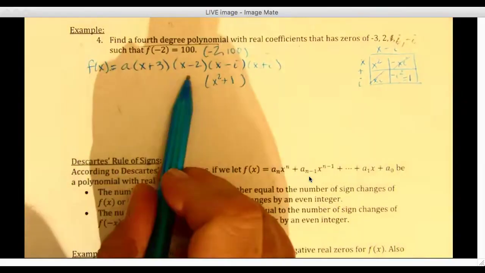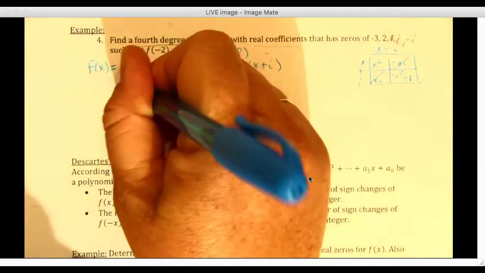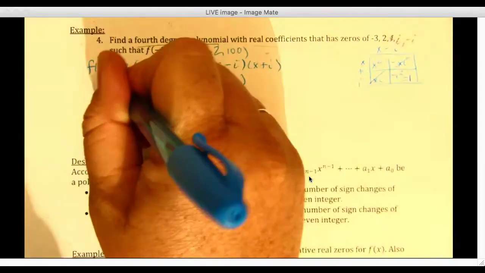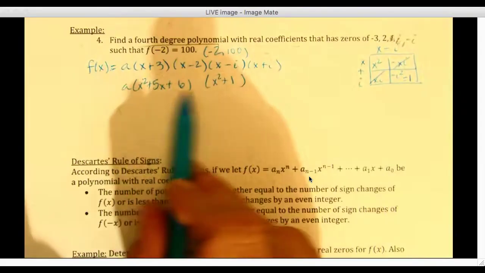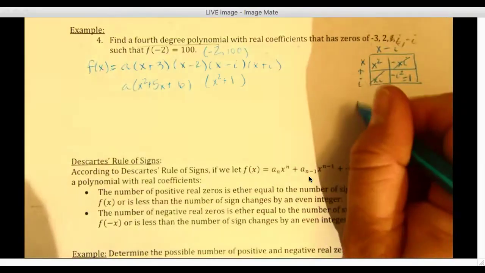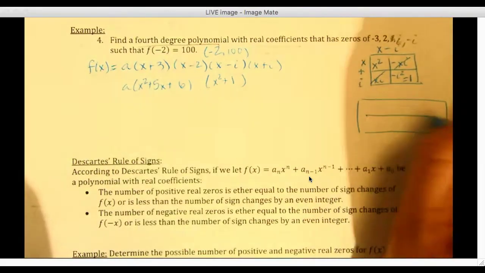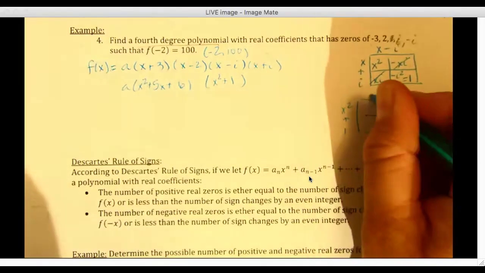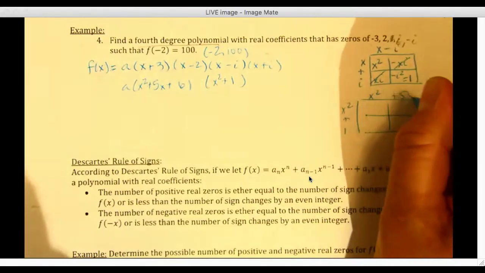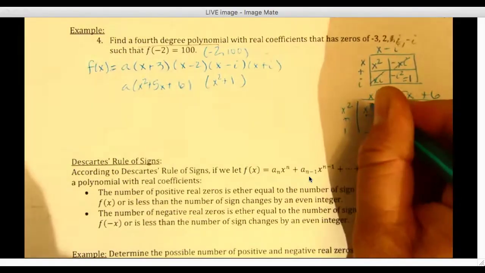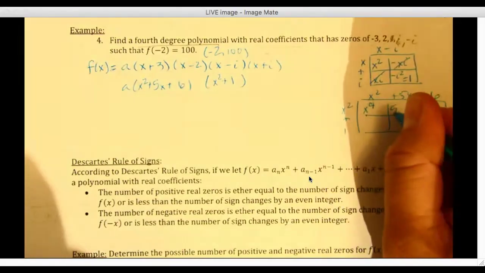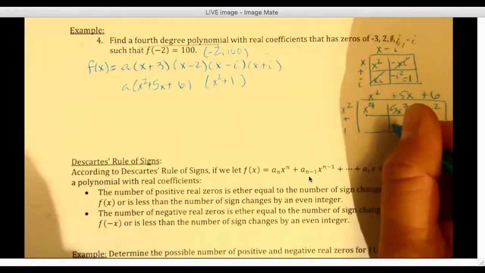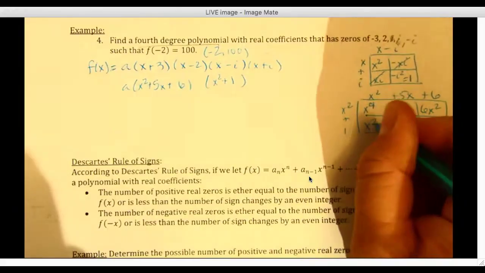If I multiply these 2 out, I end up with x squared plus 5x plus 6. Now I need to multiply these 2 out. I'll do that box really fast off to the side so that you can see it. x squared plus 1 and x squared plus 5x plus 6: x to the 4th power, 5x cubed, 6x squared, 6, 5x, and x squared.